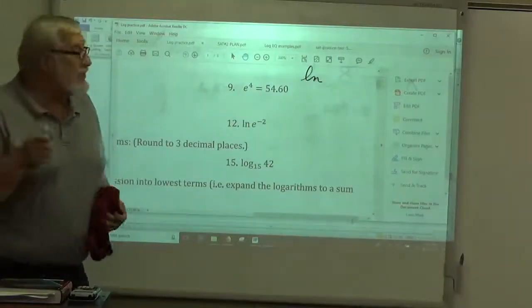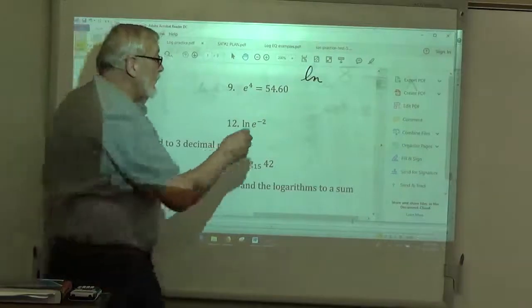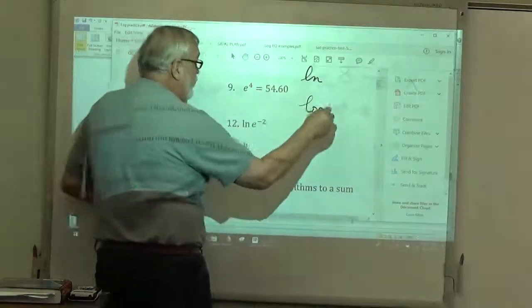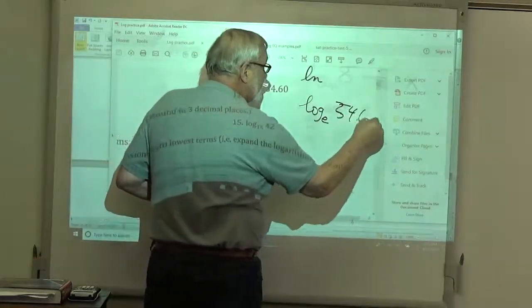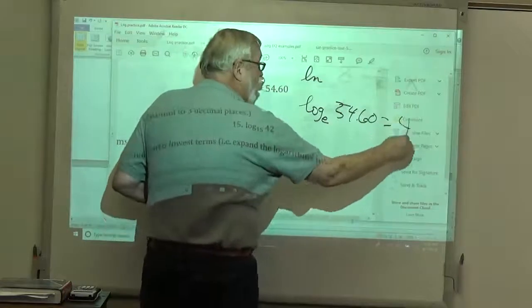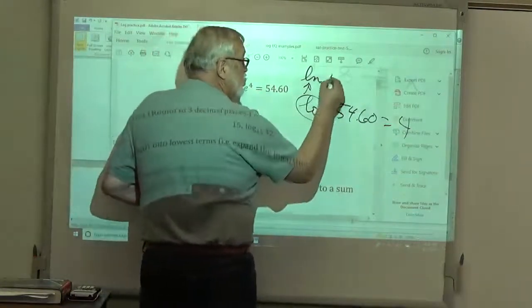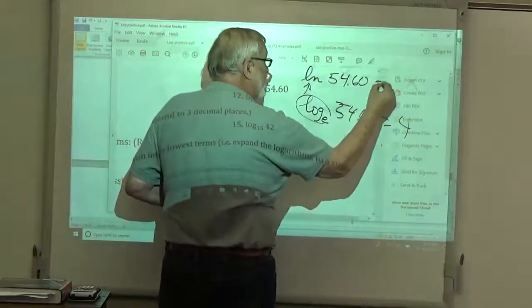So normally we would have said log base e of 5460 is equal to 4. But log base e is that right there. So we just say ln of 5460 equals 4.